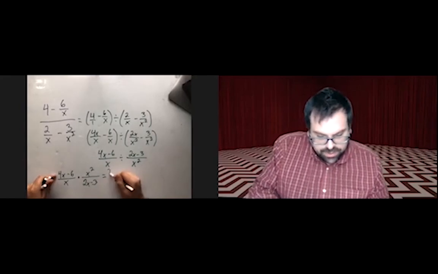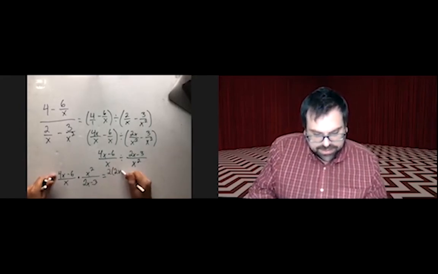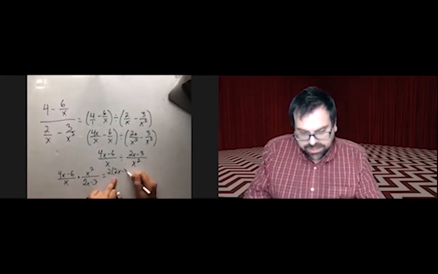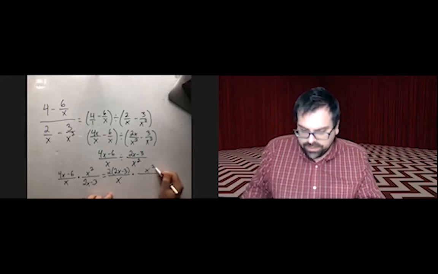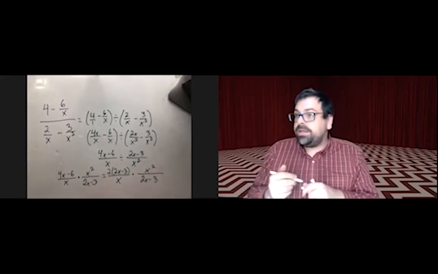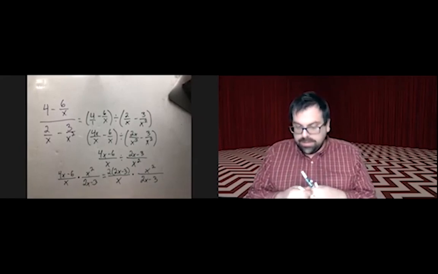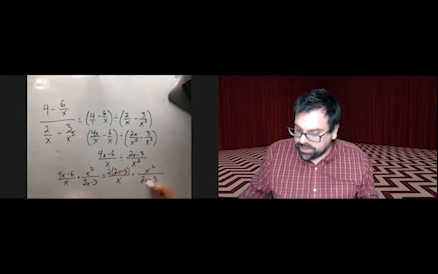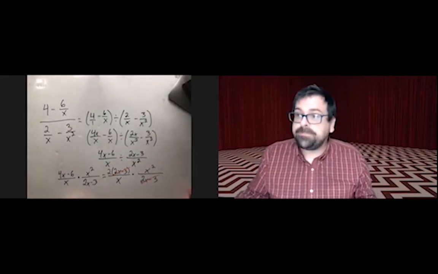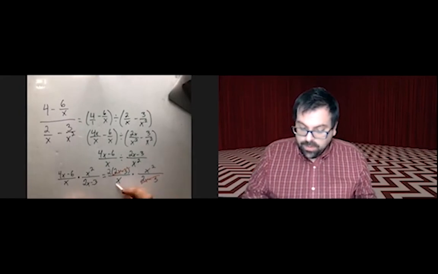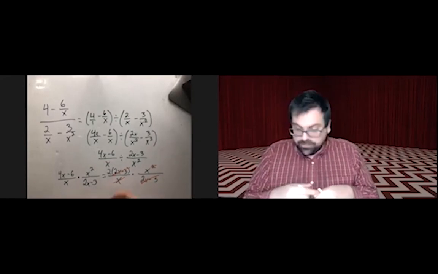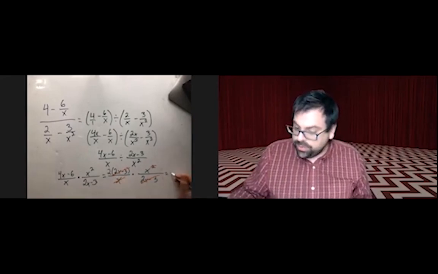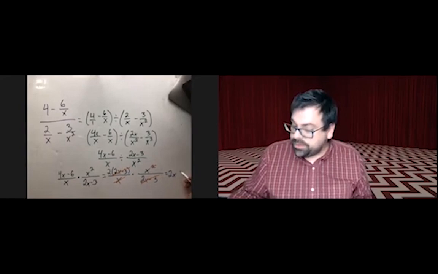We can factor a 2 out of the 4x minus 6, giving us 2 times 2x minus 3 over x times x squared over 2x minus 3. The 2x minus 3 over 2x minus 3 cancels. One of the x's from the x squared cancels with the x on the bottom. And we are just left with 2 times x, 2x.